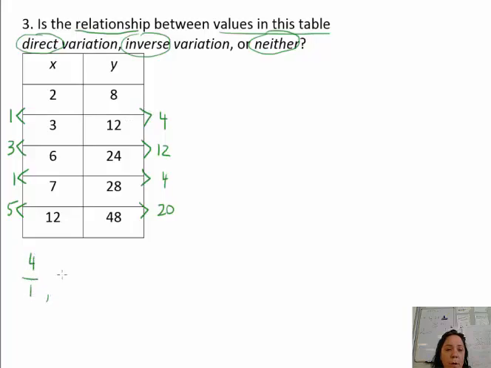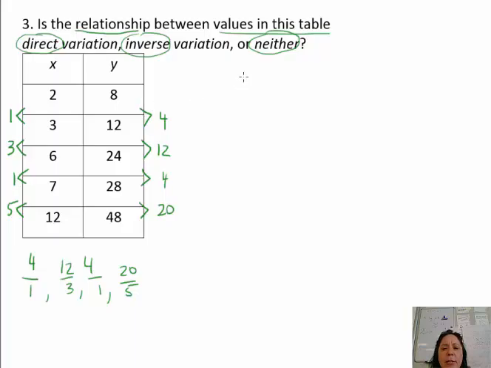So I have 4 over 1, 12 over 3, which reduces to 4 over 1, 4 over 1, and 20 over 5, which again reduces to 4 over 1. So I have a first difference, or a slope, if I were to graph this as a linear relationship, which it is, because my first difference is constant of 4.